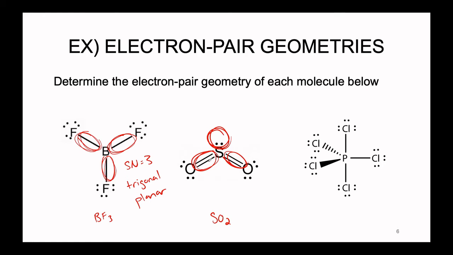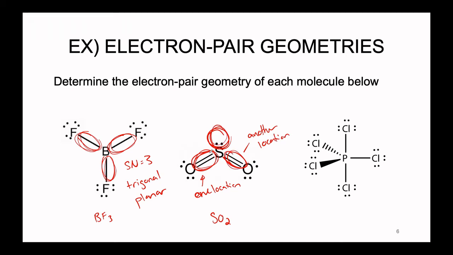Notice that I am not counting the double bond separately. This is one location. We are looking for the locations of where bonds are, not counting the numbers of electrons themselves. So we have one location down to the left, and we have another location down to the right, where another double bond is present.